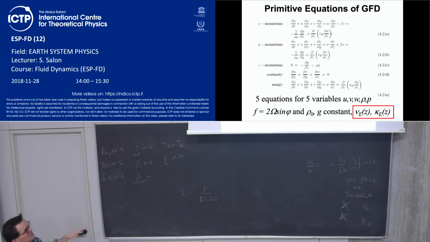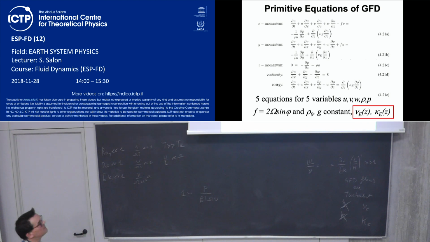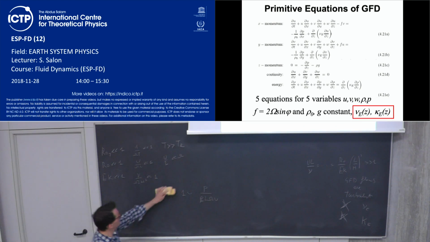We are looking at very slow motions, with time scale larger than 1 day, and also with advection terms, or advection acceleration, much smaller than the Coriolis acceleration.